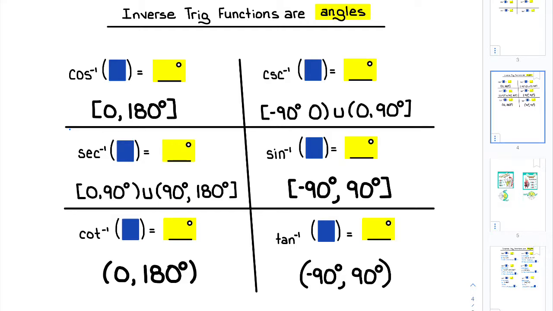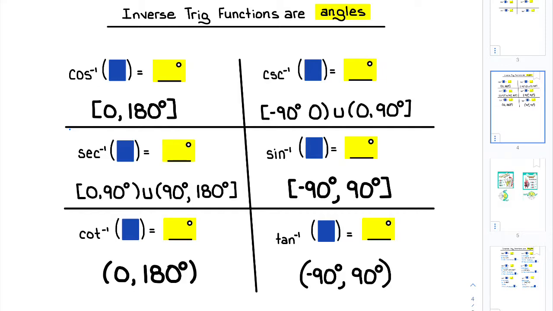The answer to secant inverse can be an angle measure between or on 0 to 180 degrees, just not 90 degrees. And the answer to inverse cotangent can be an angle measure not including 0 and 180, but any angle measure between 0 and 180 degrees. You can look at the chart I've made you here to see what specific angle measures these inverse trig functions can be.